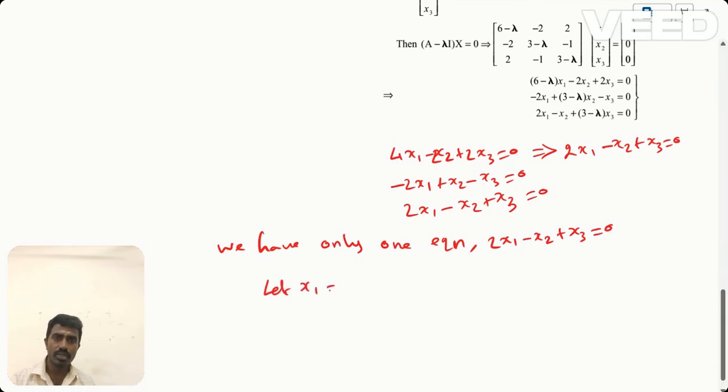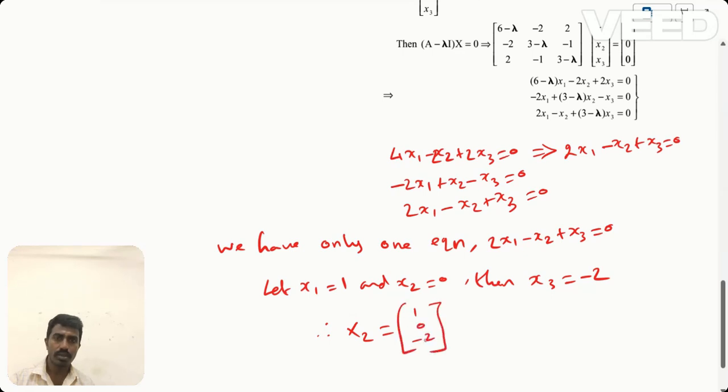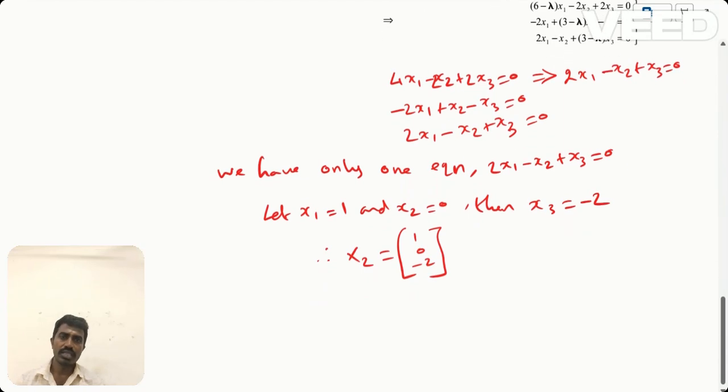Let x1 equal to 1 and x2 equal to 0. Then what is the value for x3? x3 equal to minus 2. Therefore, capital X2 equal to 1, 0, minus 2 is the next eigenvector.